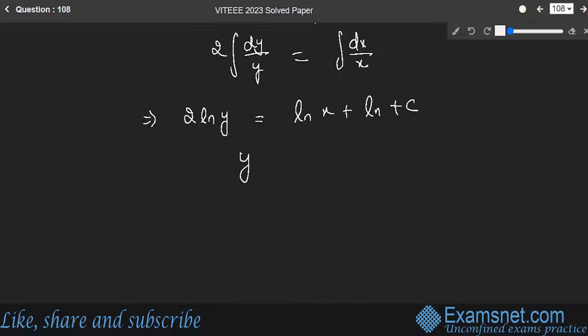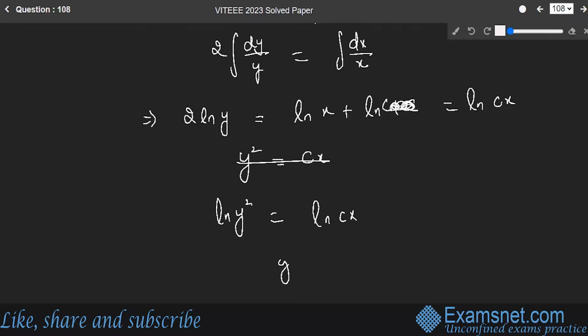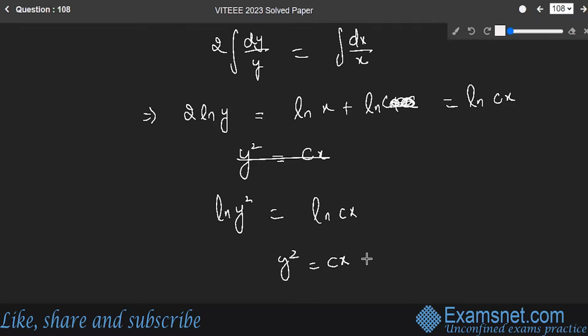Sorry, this can be written as log of c into x. So this is log y square, and this is log of c into x, or y square will be equal to c into x.